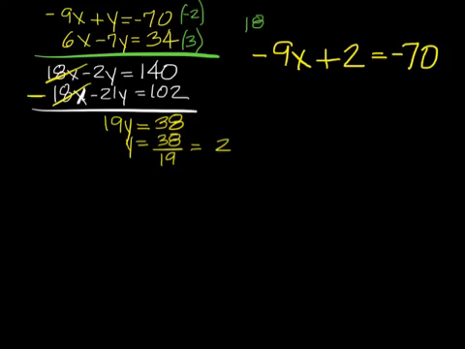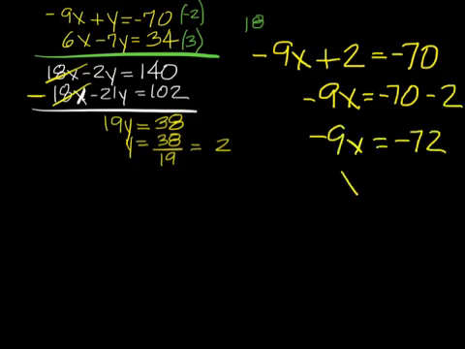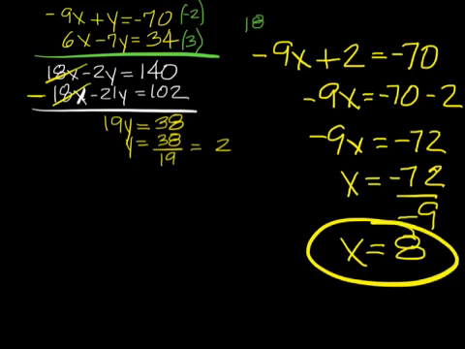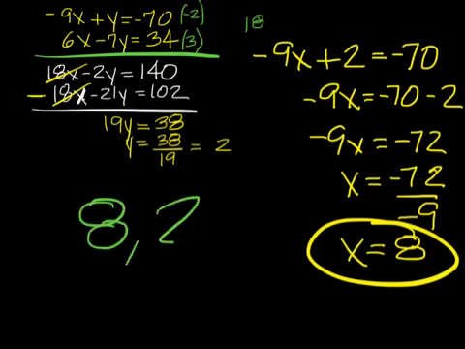So I move that plus 2 to the right, change the sign, and then divide by negative 9. And I'll get an answer of 8. Our final answer is going to be written as the x value first, comma, y value.